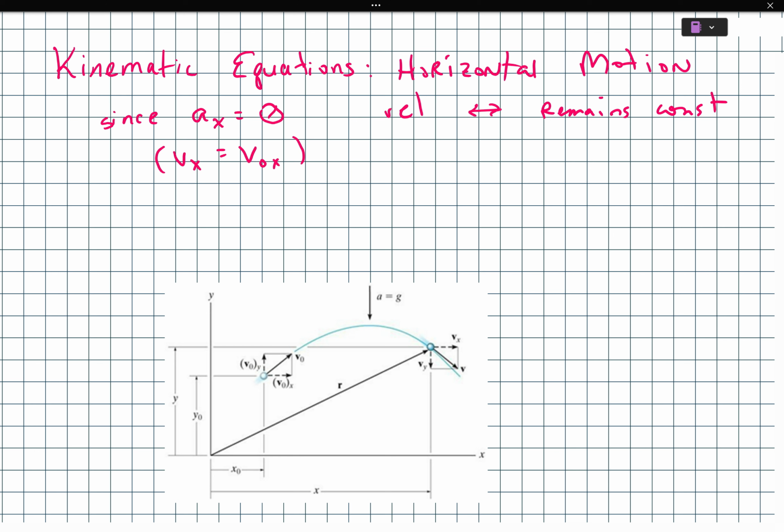And the position in the x direction can be determined by x is equal to x0 plus v_ox t.